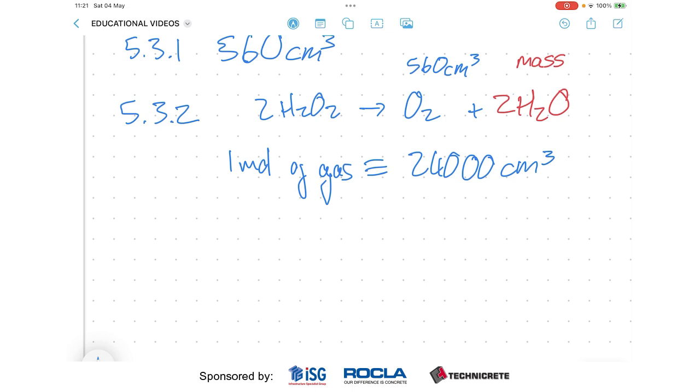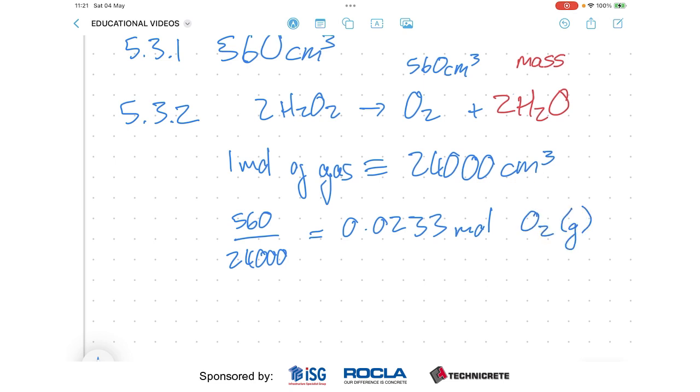So with this, we can calculate our moles of oxygen. Our moles of oxygen is equal to 560 over 24,000. Let me just get my calculator. So this gives us 0.023, just add another 3, but it's 3 recurring moles of O2 gas.